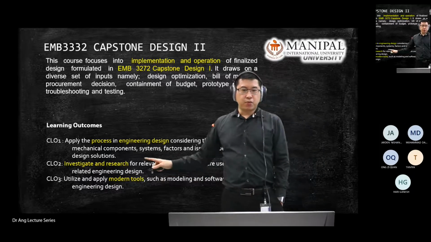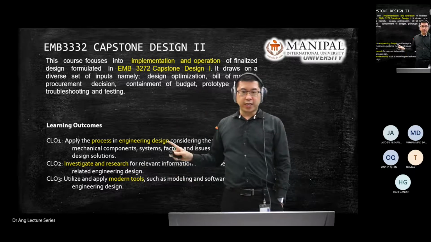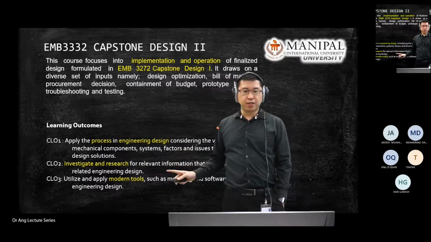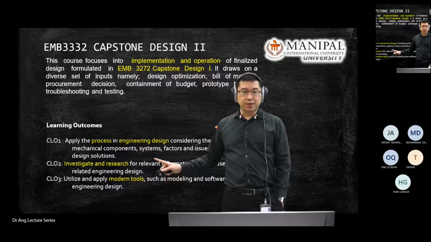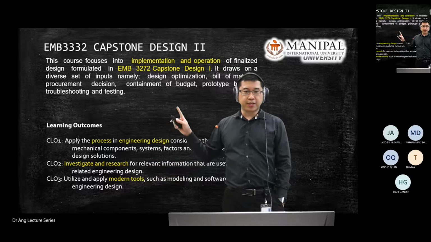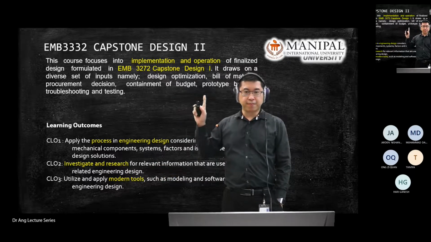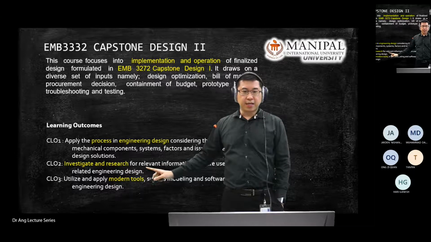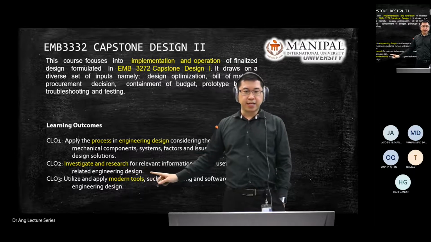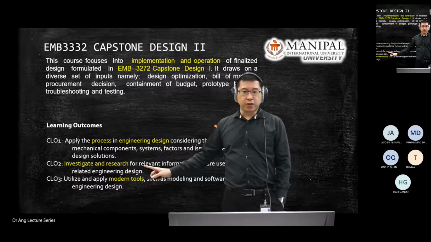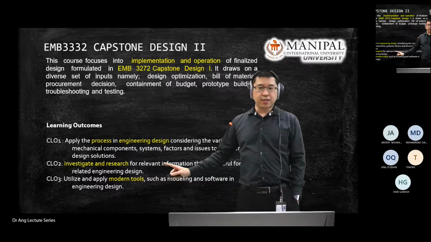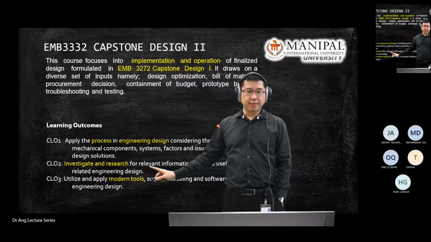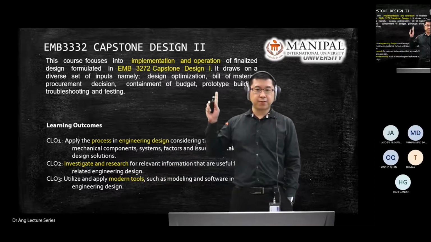Okay, make sure what you present in Capstone 2 is that you think like an engineer, like a scientist or a professional engineer, where what you talk about in your prototype presentation later makes sense in engineering. It means you use the correct equation, the correct technology, the correct method in assembling your prototypes.